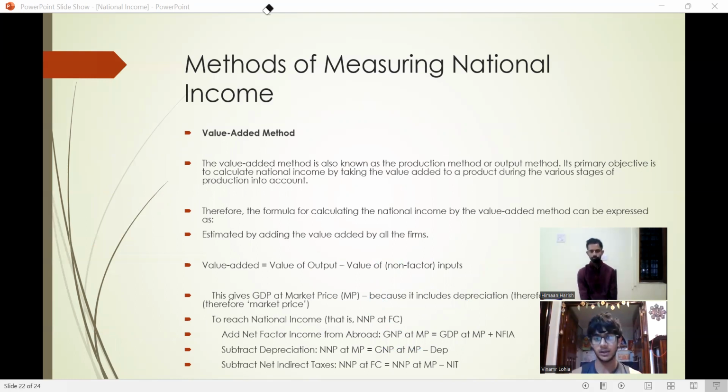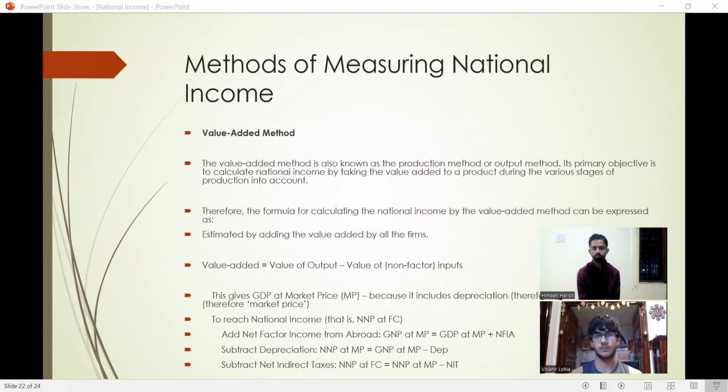GNP at market price equals GDP at market price plus net factor income from abroad. Net national product at market price equals gross national product at market price minus depreciation. And then we subtract net indirect taxes as well.